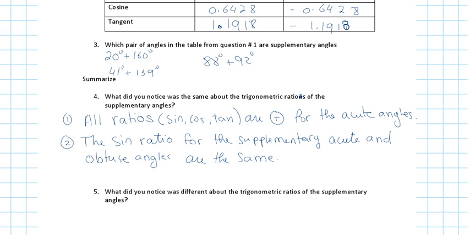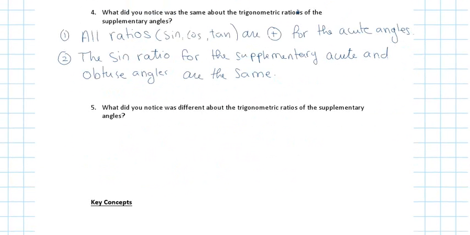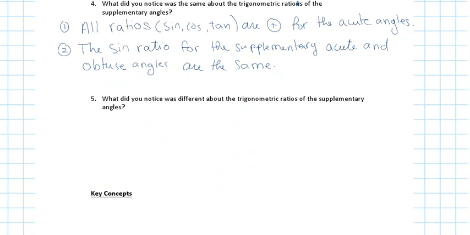And what did you notice that was different? Tan and cosine are positive in acute angles.